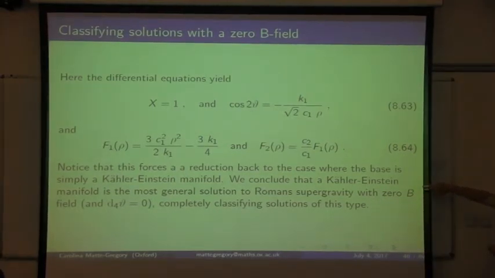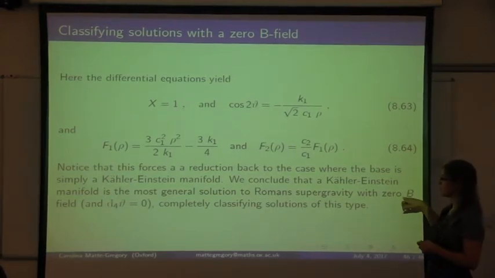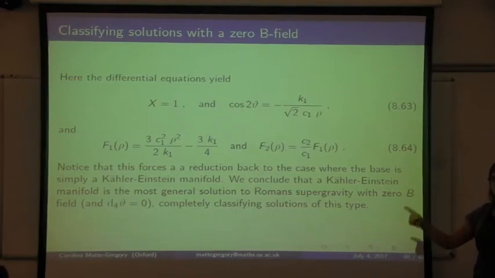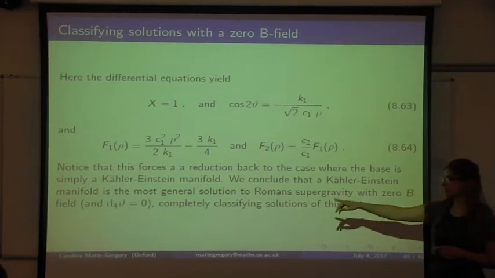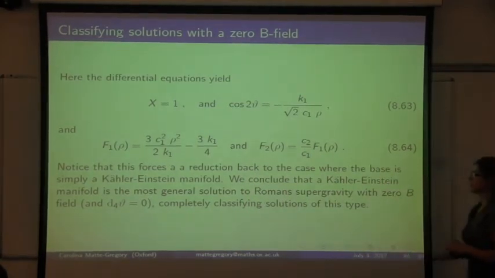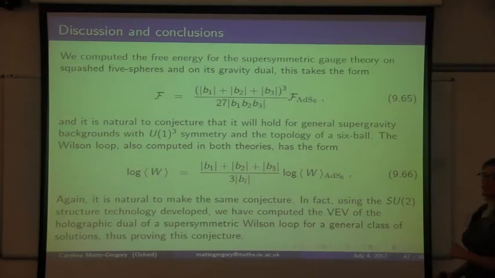So what we find is that if we take Romans supergravity with B here being equal to 0, and then you ask this 6-dimensional manifold to be complex, so that's when we got this before, theta equals 0, then Kähler-Einstein solutions as a base, my 4-dimensional base, is the only possible solution I can get. Right, and we had a very good time, so discussion and conclusions.